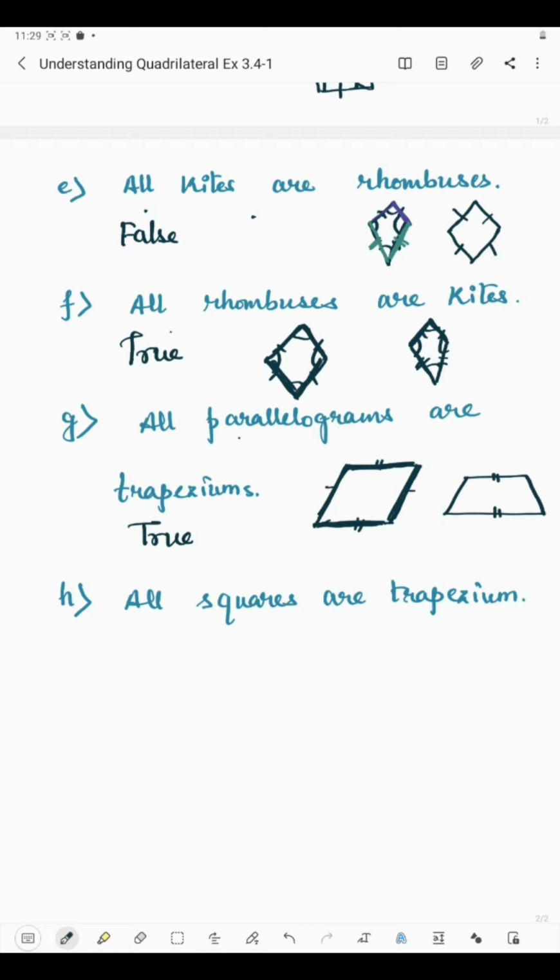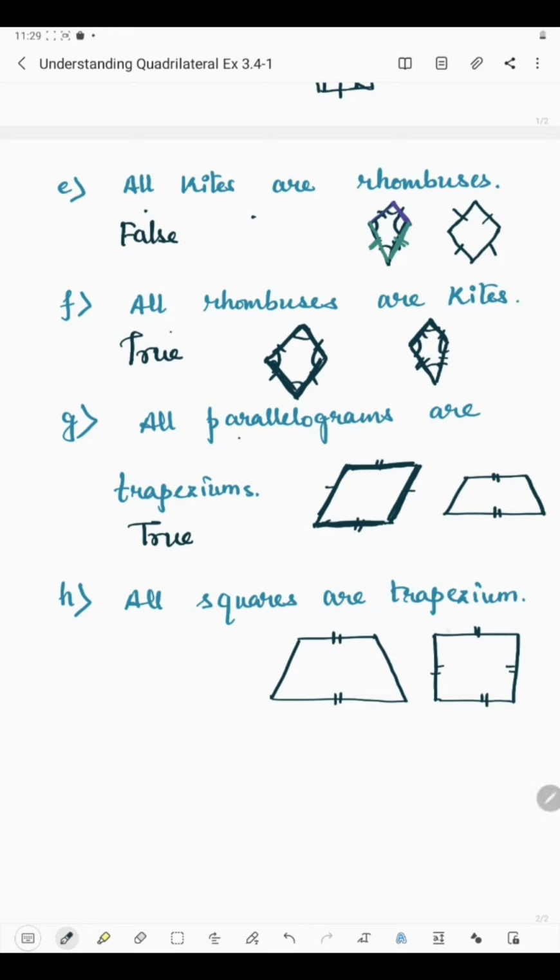Now in the H part we have: all squares are trapezium, and in a trapezium one pair of parallel lines is there. Okay, these and these are parallel, and in a square opposite sides are parallel. Two pairs of sides are parallel in a square. Only we need one pair.